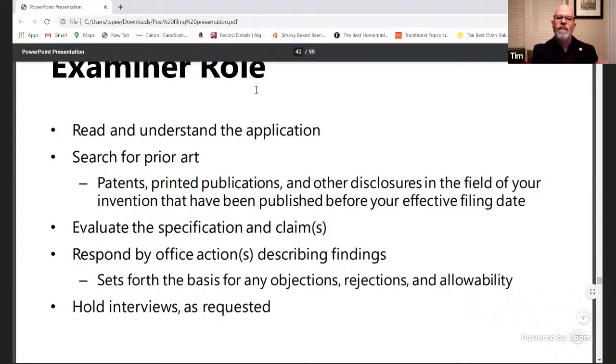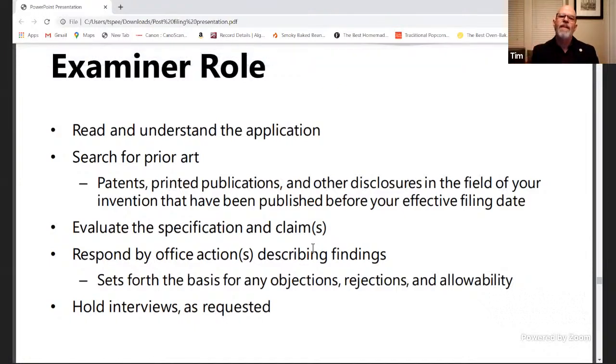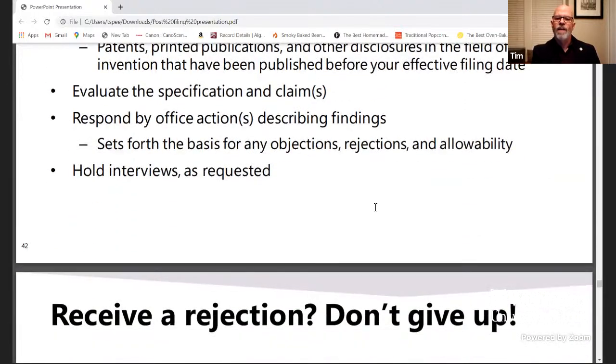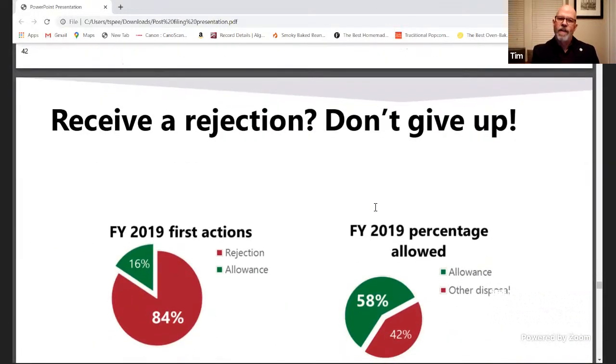The role of the examiner is to work with the applicant to arrive at allowable subject matter, to find something in their disclosure where we can amend the claims in a way that the examiner agrees the claims are free of the prior art, and the applicant is willing to take that claim coverage. We do that by setting out the office action and starting that conversation.